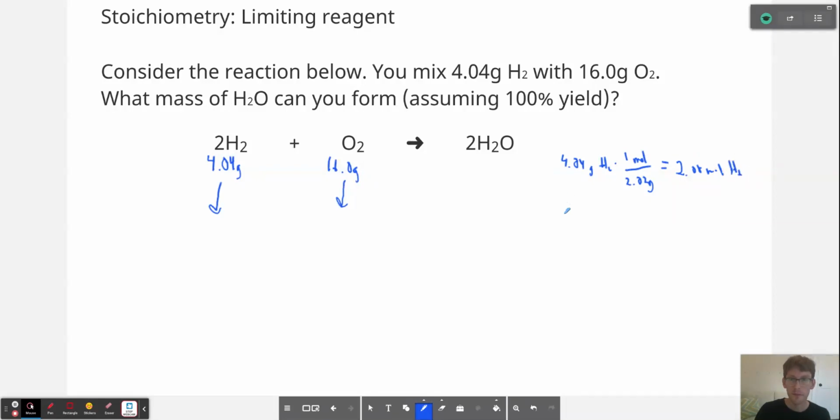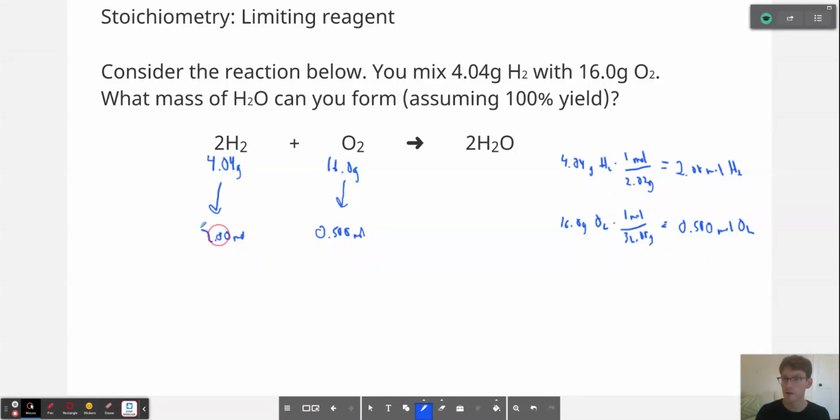And for oxygen, we have 16.0 grams of O2 times 1 mole over every 32.00 grams of oxygen, and that leaves us with precisely 0.500 moles of O2. So we have 0.500 moles and 2.00 moles.